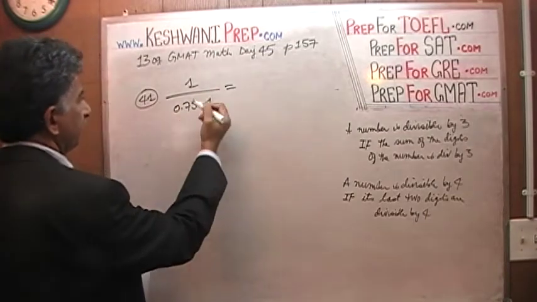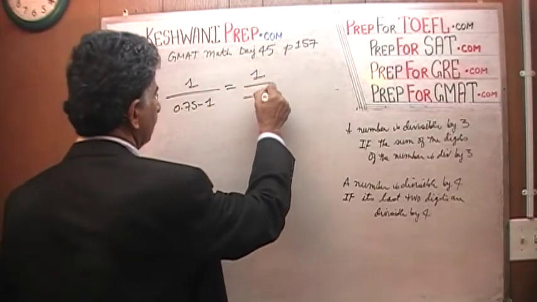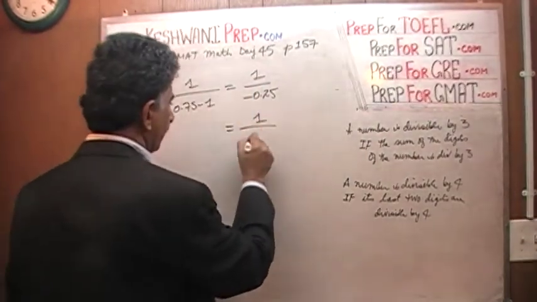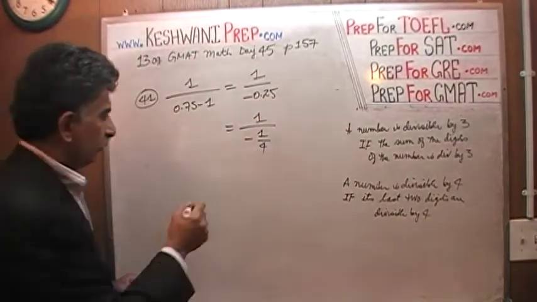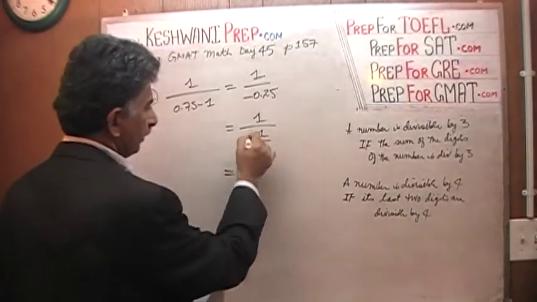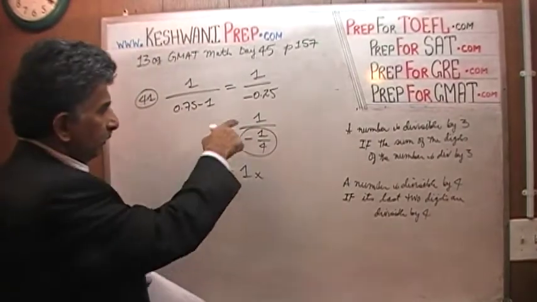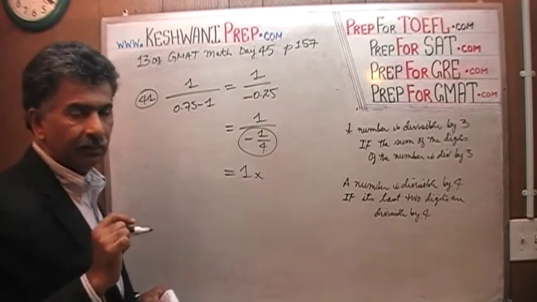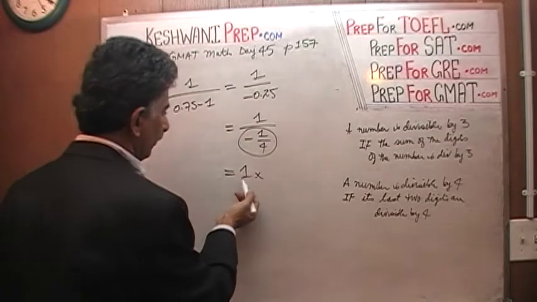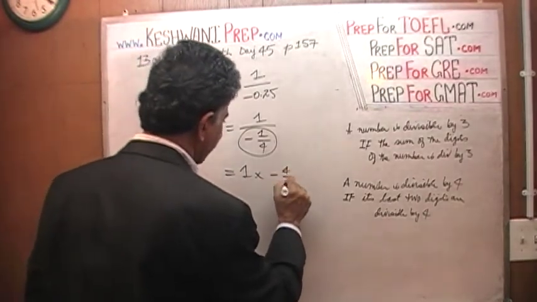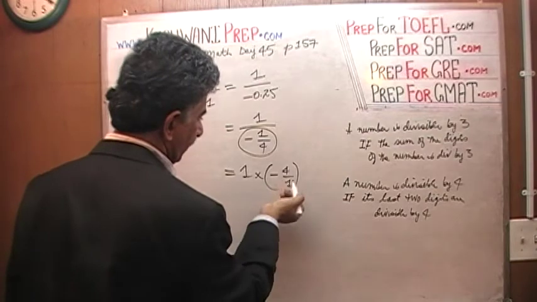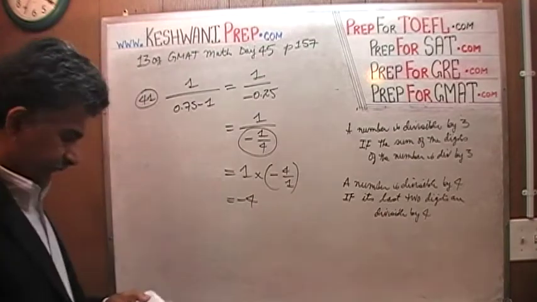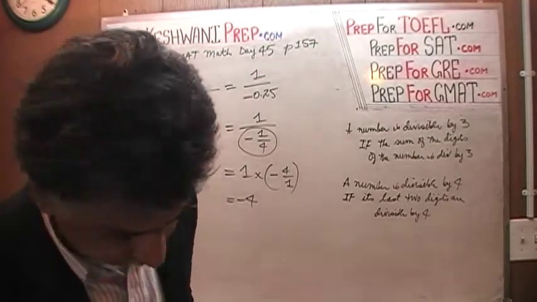Well, 0.75 minus 1 is the same as negative 0.25. So it's 1 over negative 0.25, and negative 0.25 is the same as negative 1/4. So it's 1 over negative 1/4, which is the same as 1 times the reciprocal of the fraction in the bottom. So it's 1 times negative 4 over 1, which is negative 4. That's it. And the answer is A.